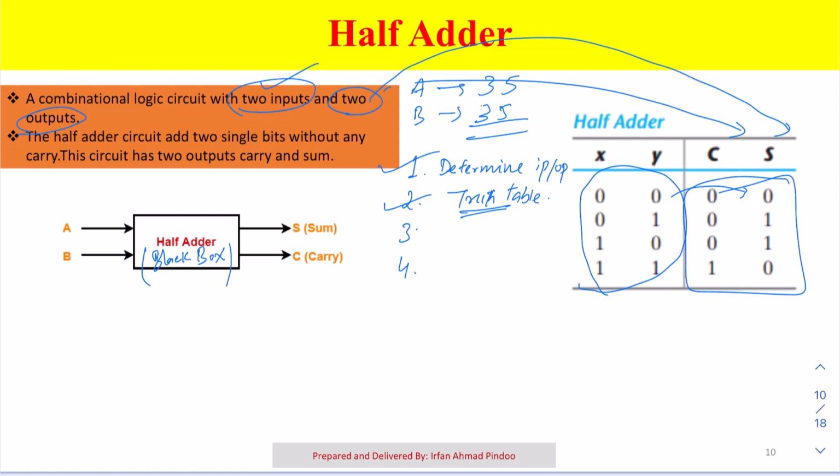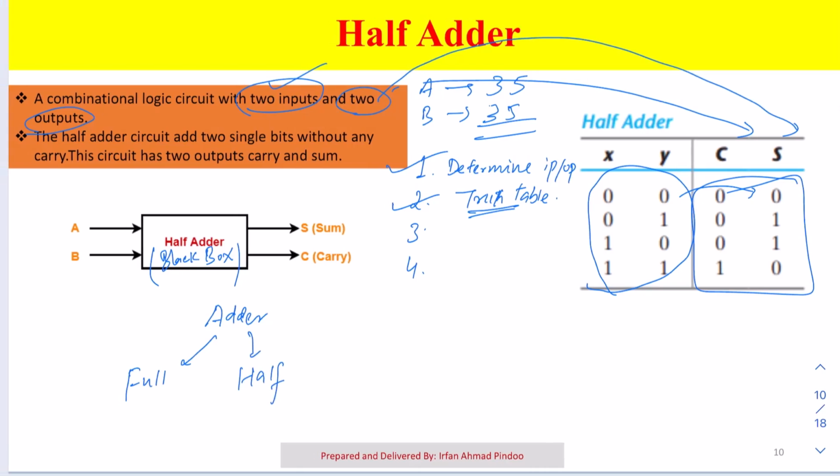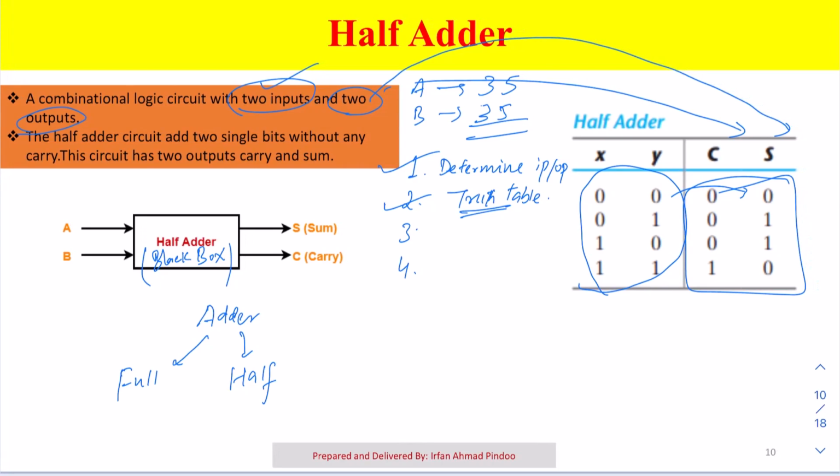Then the second point in the definition is that the half adder circuit adds 2 single bits without any carry, and that is called as a half adder, because you have to understand this concept that adder can be full adder also, or it can be a half adder also. So how will you define half adder and how will you define full adder? So in this video, we are focusing on half adder.